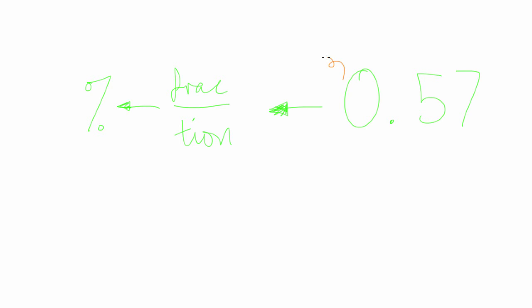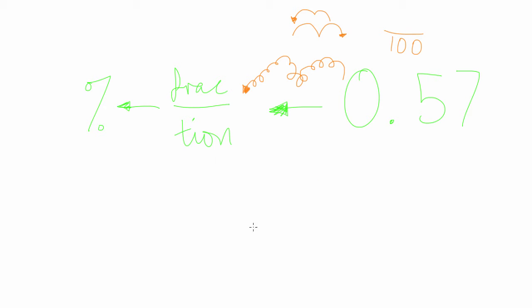Think about the time warp. To get a fraction to a decimal, you moved the decimal point that way to make the number smaller. Now, we're going to time warp and move it back and replace what was there before.